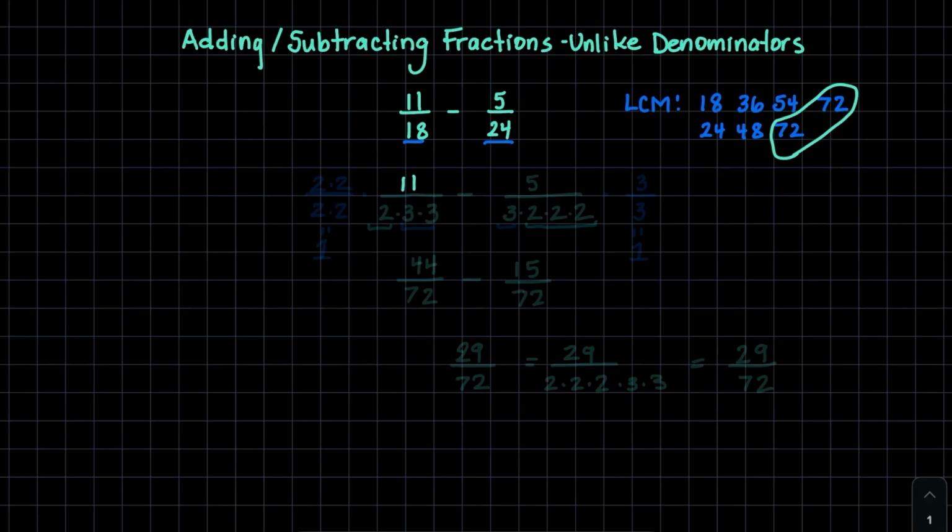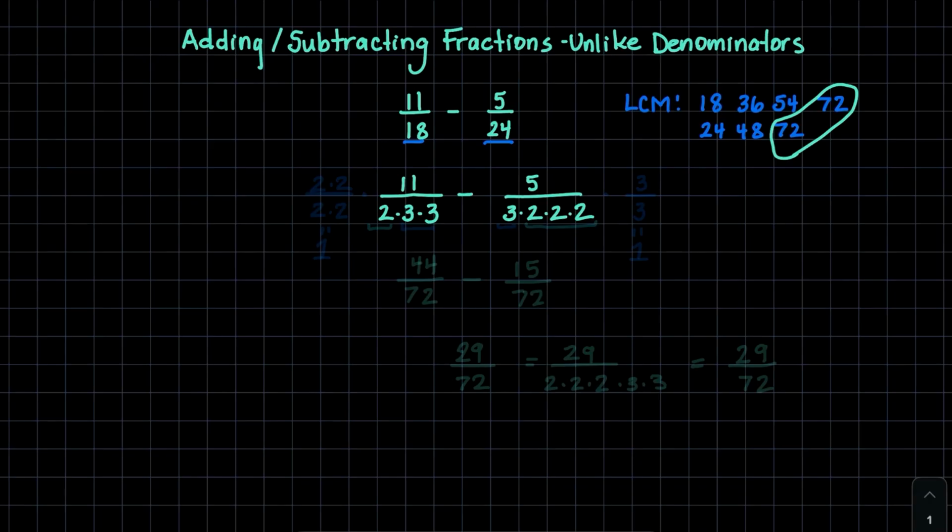If I take the prime factorization of 18, 18 is 2 times 3 times 3, and 24 is 3 times 2 times 2 times 2. Common denominator means I have the same denominator. The nice thing about a prime factorization is you can see what factors they have in common and what they need.